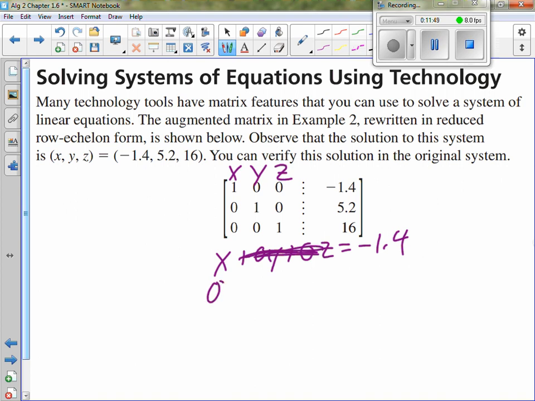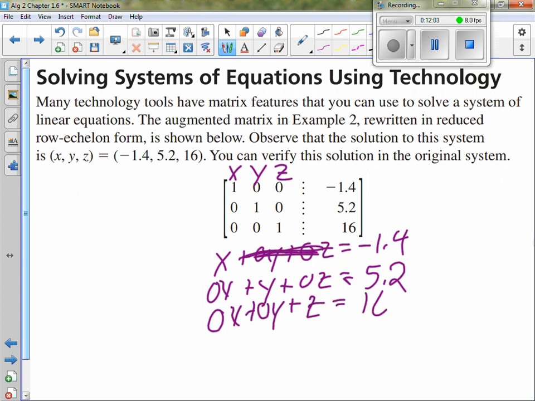The second one would be 0x plus y plus 0z equals, so y equals 5.2, yes? And last but not least, 0x plus 0y plus z equals 16. So really z is equal to 16, yes? So having it lined up x, y, z when they did the matrix is helpful, okay?